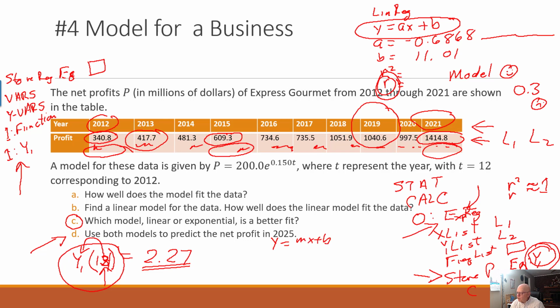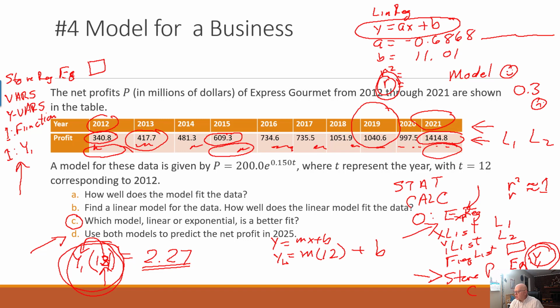If you still got that written down somewhere, we want it for 12, so you'd have y equals m, whatever that was, times 12 for that year, plus whatever b was for that linear model, and that would give you a prediction for the linear model. And you can do the same thing for the exponential one.